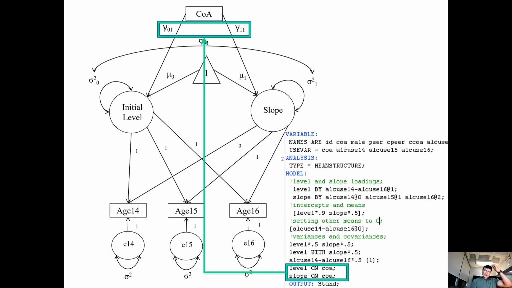Okay. So the first model, just to see what we would add to M+, is this level regressed on child of alcoholic or parents who drank, and then the slope regressed on that. So that gives us these new regression values. And so we can look at, does having a parent who drinks affect where you start, and does it affect how much you change?